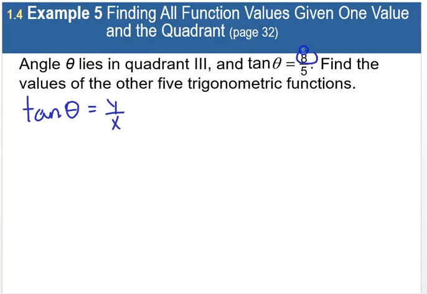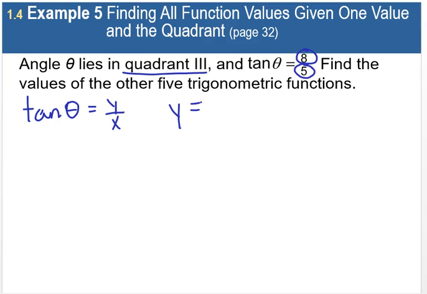So we have our y and we have our x, but we also have this statement right here that angle theta lies in quadrant 3, meaning actually both of these, y and x, are going to be negative because everything in quadrant 3 is negative.